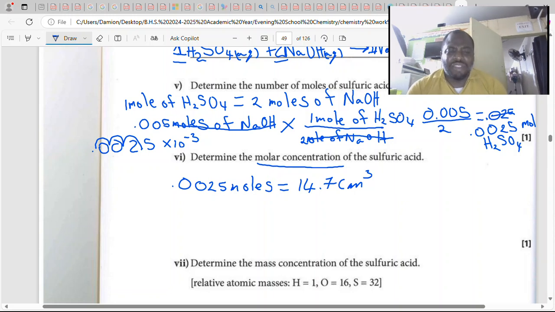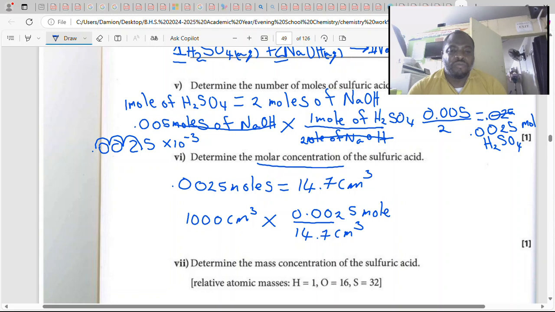And as we said, they ask us to determine the molar concentration. So we want to know how much is in 1000 centimeter cube. And again, we would have had our conversion factor right here. We look at centimeter cube, so we know that the centimeter cube should be our denominator, and our 0.0025 moles.